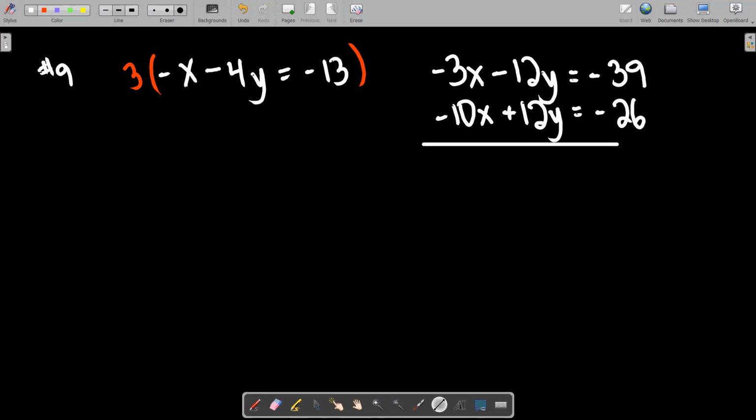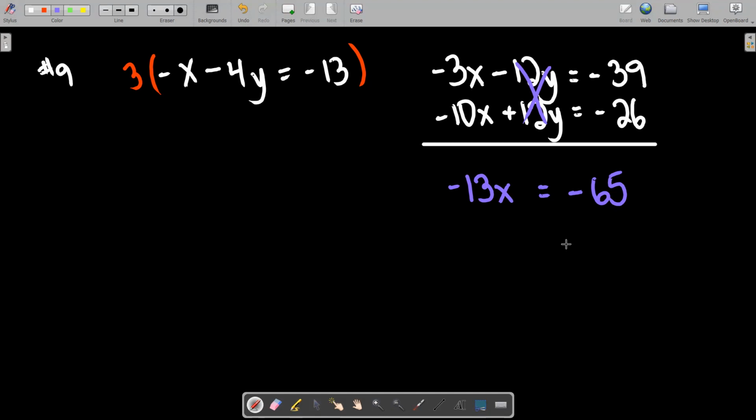And then I draw my line because I'm saying to the world, it's all set up and ready to go. We still agree? Okay. So at this point, when I add straight downwards, I get negative 13 of those x's. I do get y's that cancel, drop my equals, and negative 39 and negative 26 add together to make negative 65.